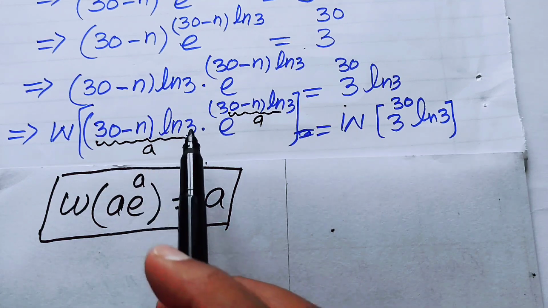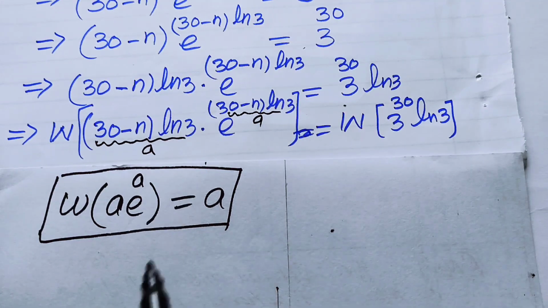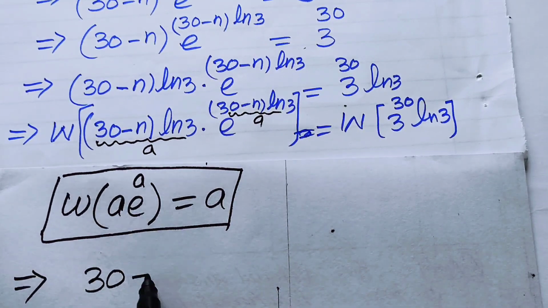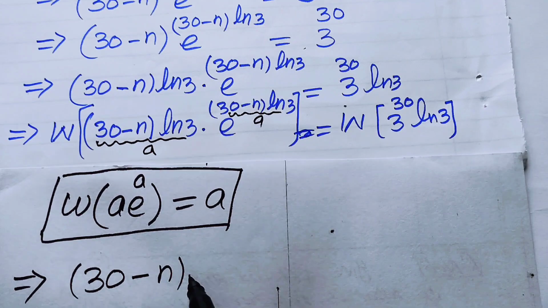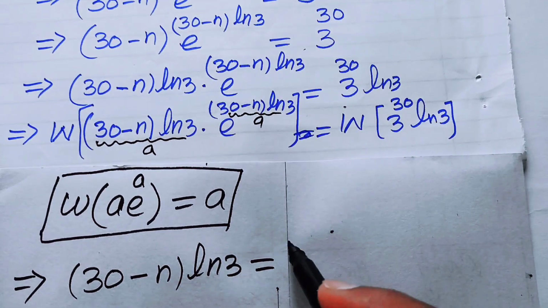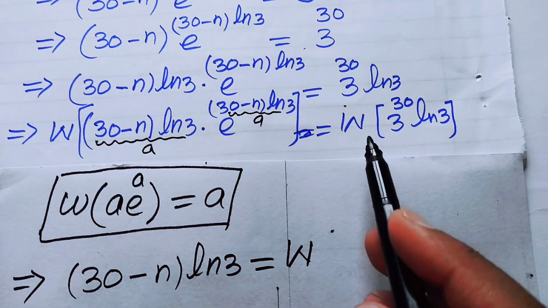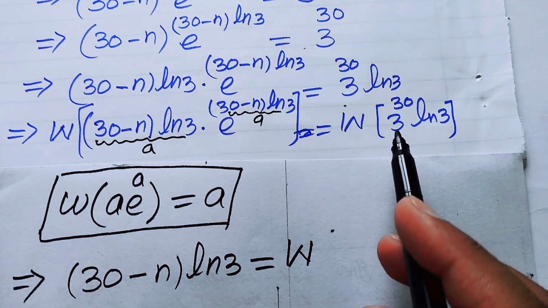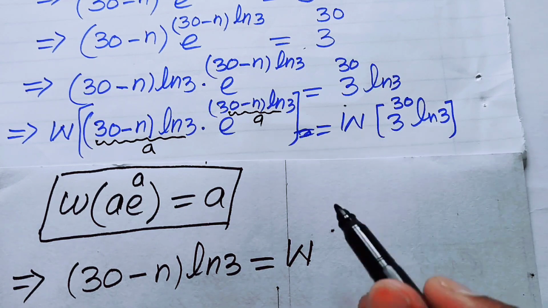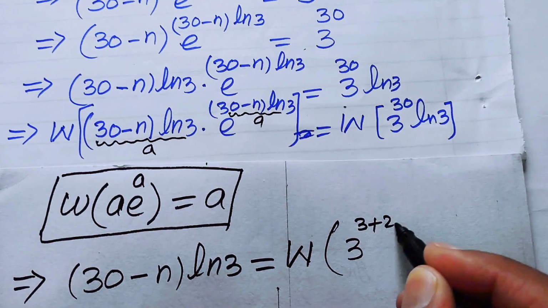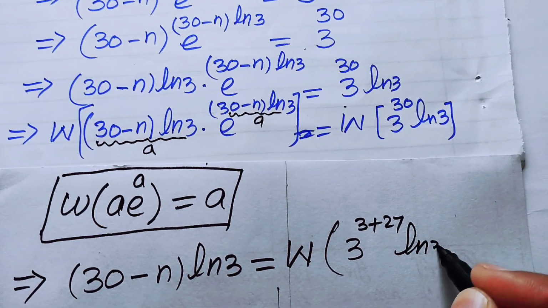So the output of this function will be equal to (30 minus n) times log 3, and this whole is equal to, on the right-hand side, W of 3 to the power of 30 times log 3. We can write 3 to the power of 30 as 3 to the power of 3 plus 27, into log 3.